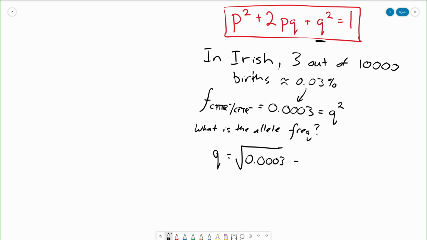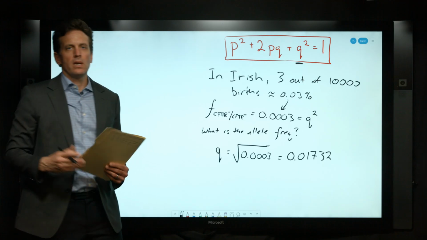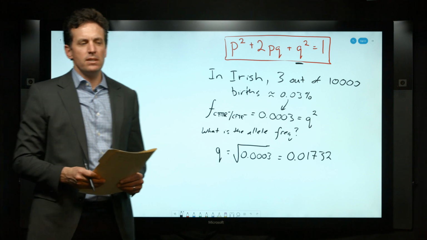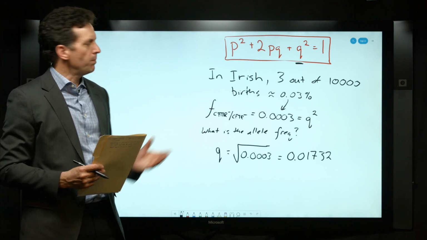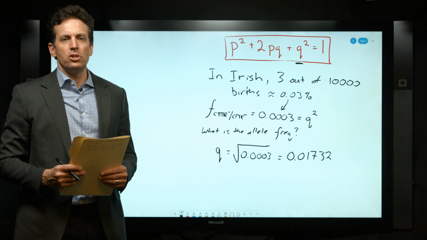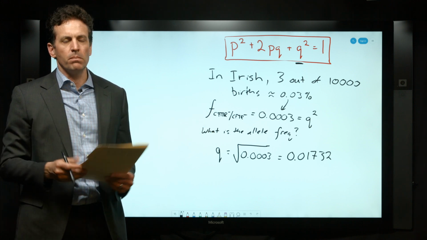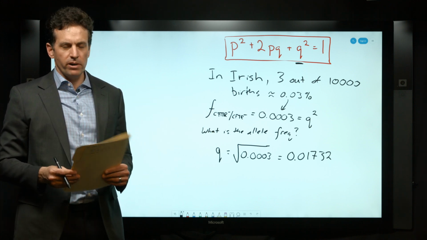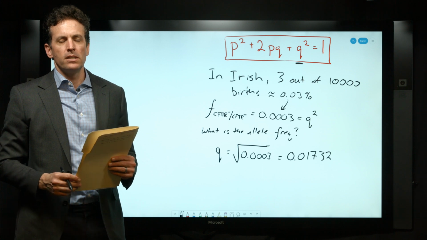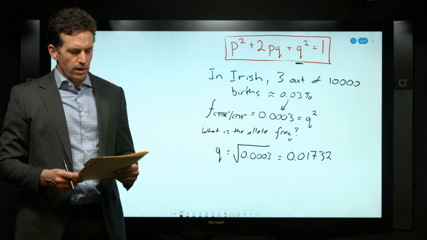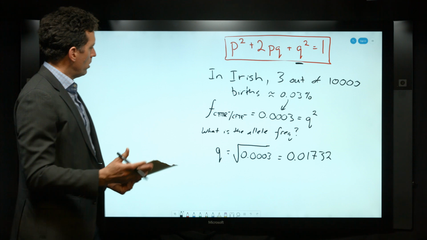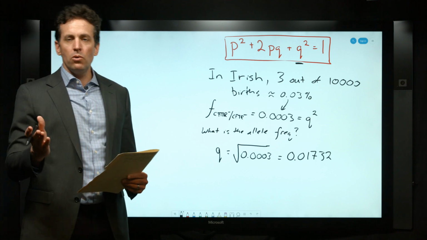And that turns out to be 0.01732, the frequency of the cystic fibrosis disease allele in the Irish population, which we can compute knowing the genotype frequency, which we've just got from epidemiological data, knowing how frequently we get affected cystic fibrosis children in the Irish population. And of course, when we know q, we know p.